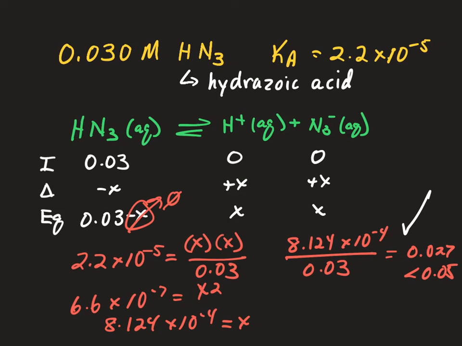And so the pH is equal to the negative of the log of 8.124 times 10 to the negative 4, and that is going to be equal to 3.09 as our pH.